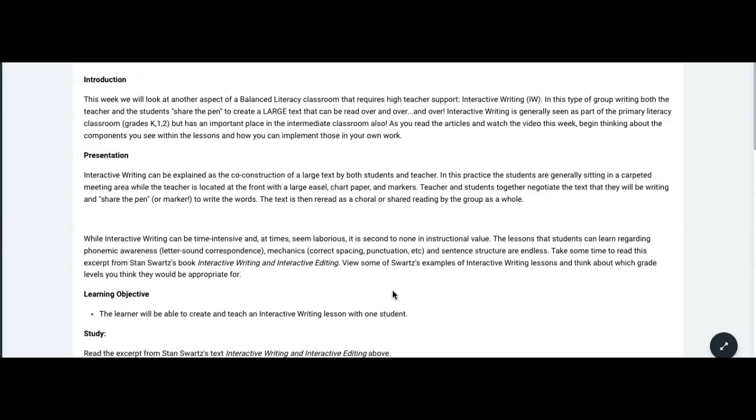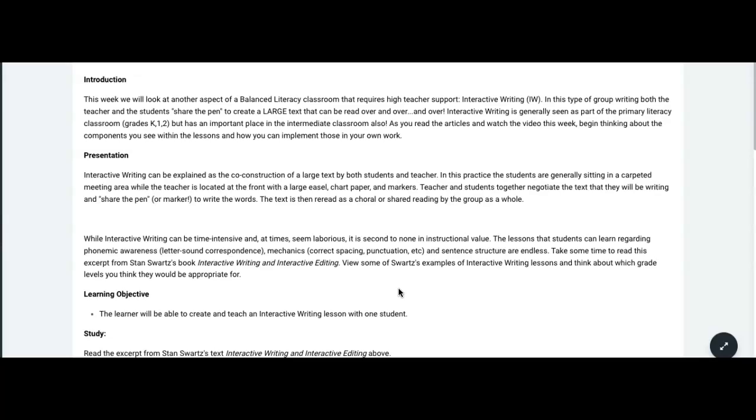While interactive writing can be time-intensive and at times seem quite laborious, it is second to none in instructional value. The lessons that students can learn regarding phonics, which is sound to letter correspondence, mechanics, and sentence structure are endless.